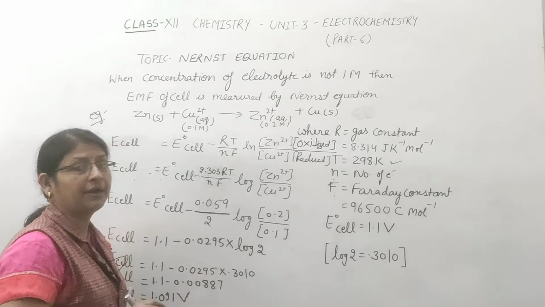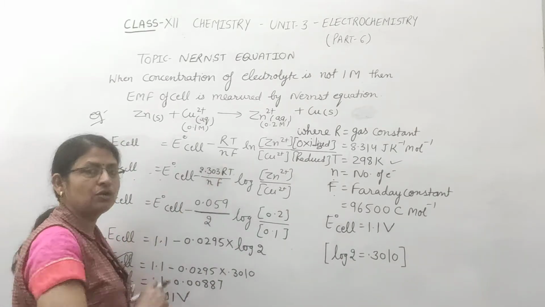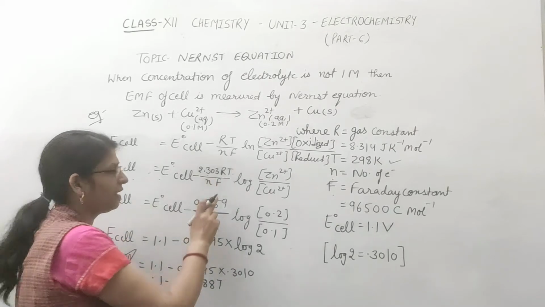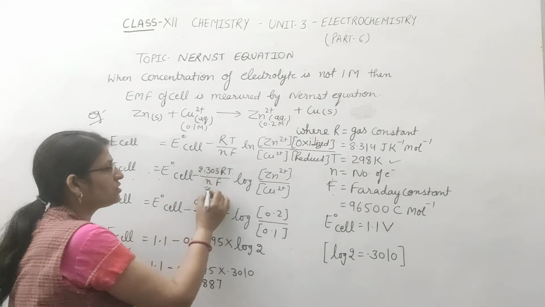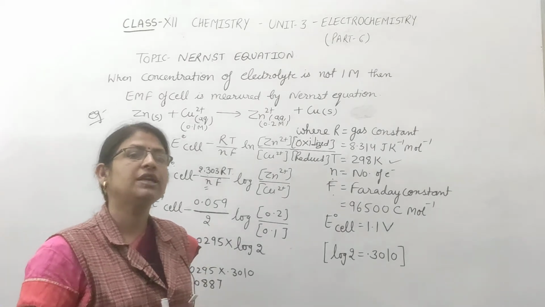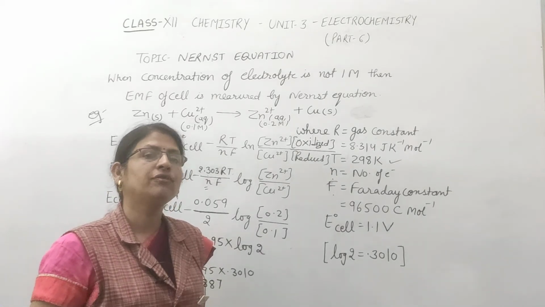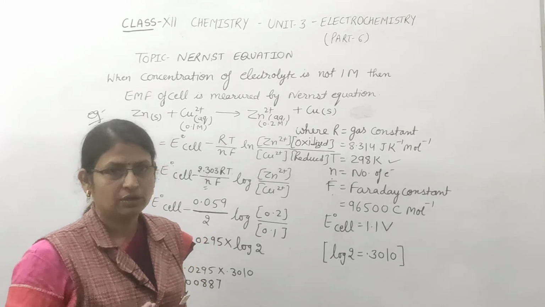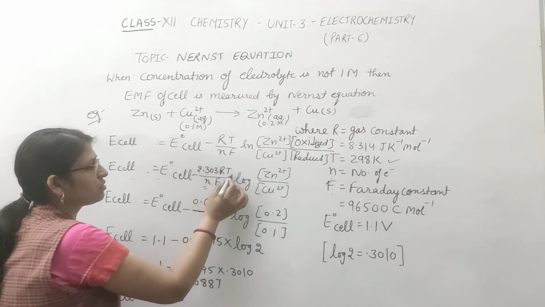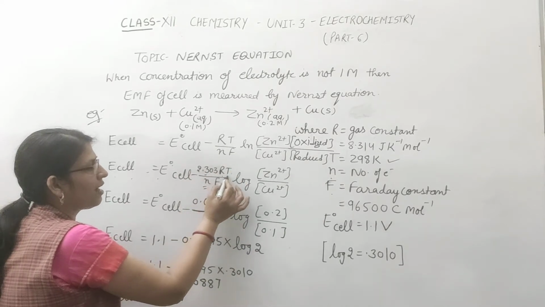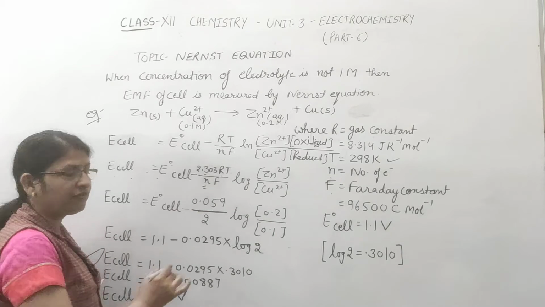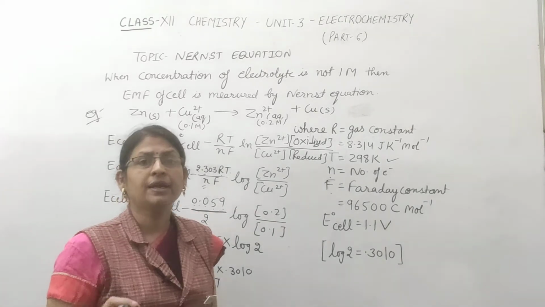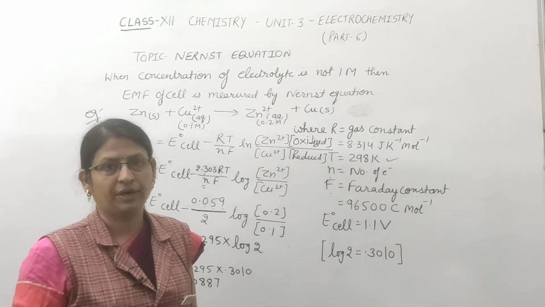Here 2.303, R, T and F are constant. The variable is only the number of electrons, because for each reaction the number of electrons transferred varies. It can be 1, 2, 3, and so on. When 2.303, R, T and F are all constant, the value of it is 0.059. We can't calculate it in each and every numerical.